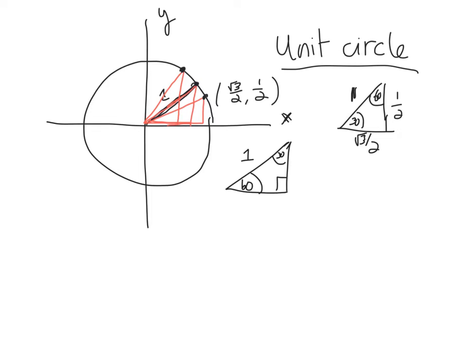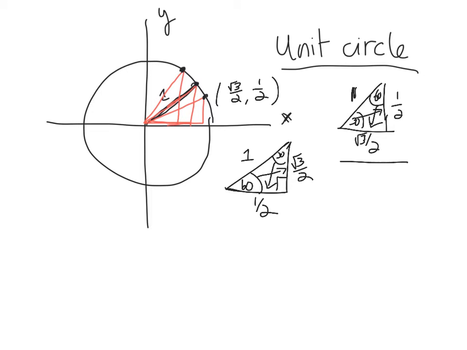Well, the 30-degree triangle is just the 60-degree triangle, but rotated. So the side lengths should be the same. The side across from 60 should be square root of 3 over 2, and the side across from 30 should be 1/2.